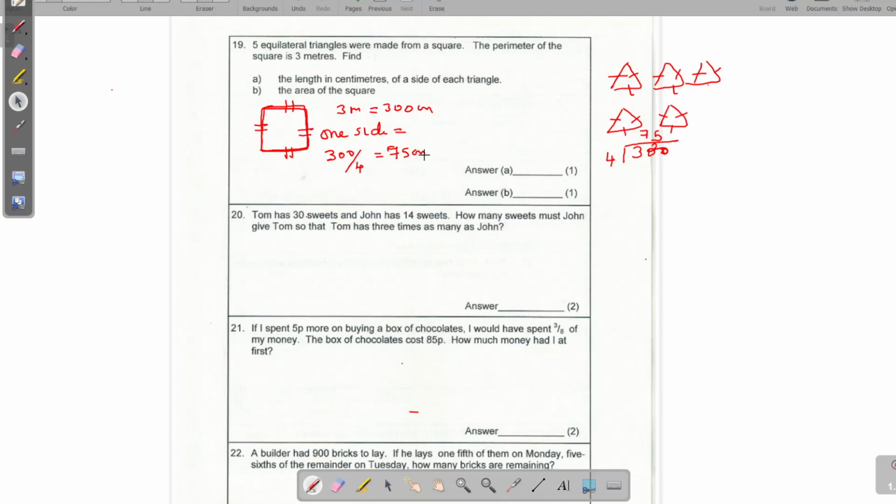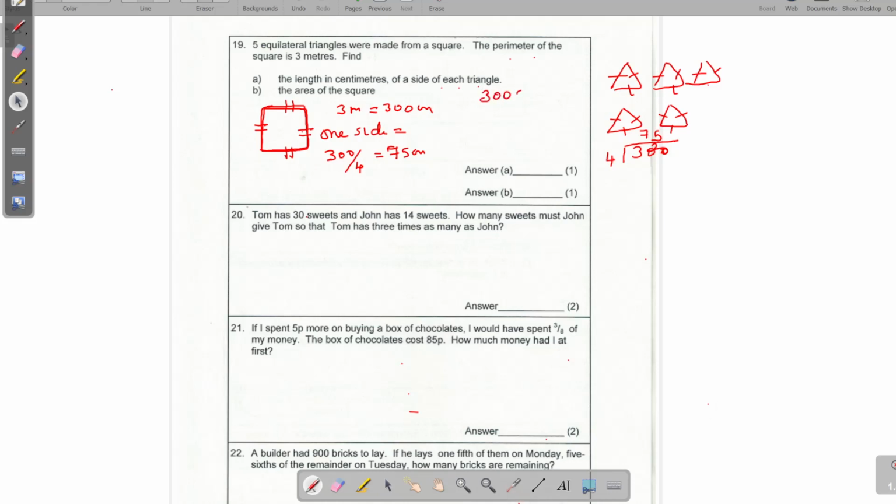So then they say the length in centimeters of a side of each triangle. So 5 equal triangles were made from the square. The perimeter of the square is 3 meters, so it's 300. So we worked out each side. In the meantime, to answer the first part of the question, we had 300 centimeters.